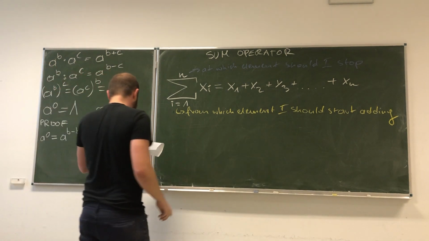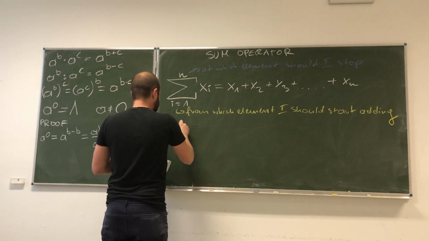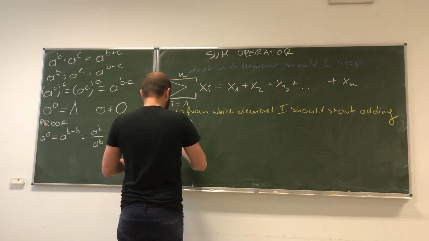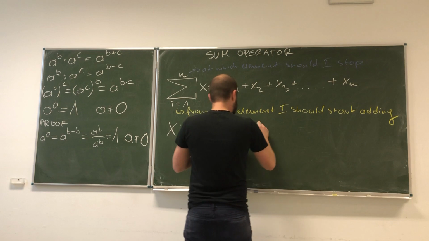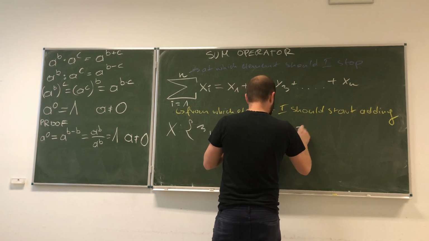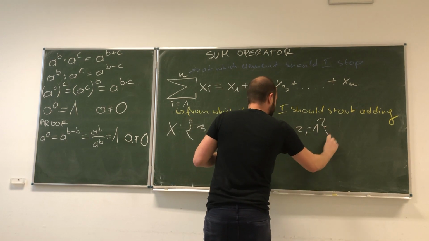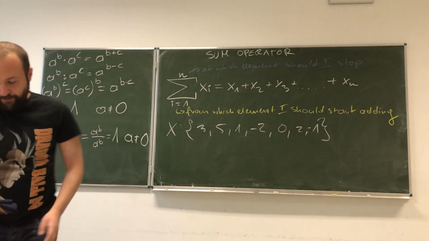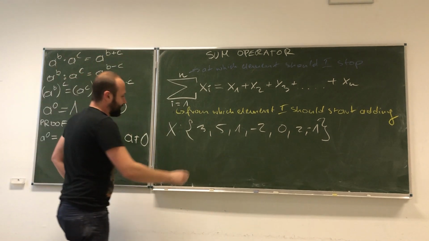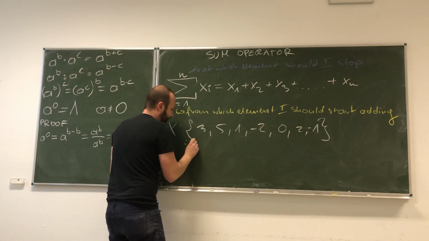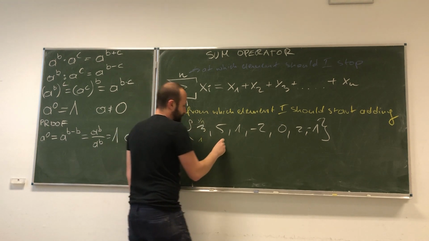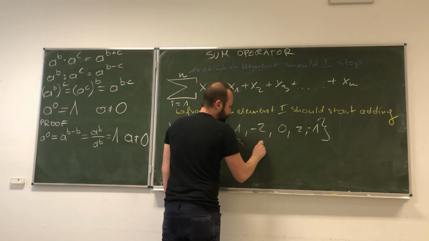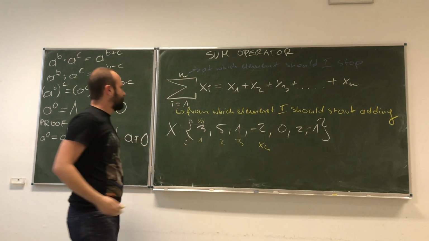Let's just say that we have some set of elements x such that they're 3, 5, 1, -2, 0, 2, -1. Okay, and now look, you can imagine that each of them is indexed; here i equals 1, so this is in other words x1, x2, x3, this would be x4, and so forth.